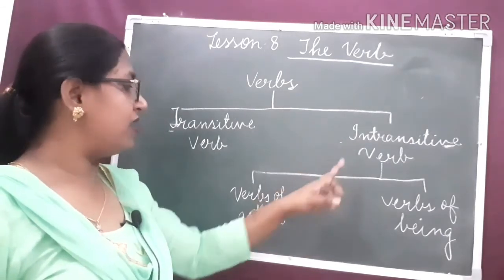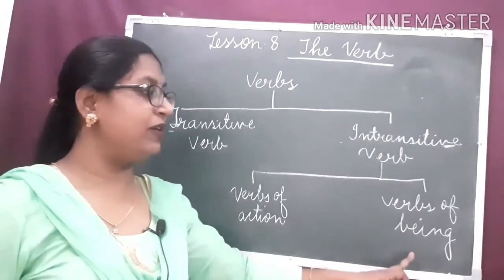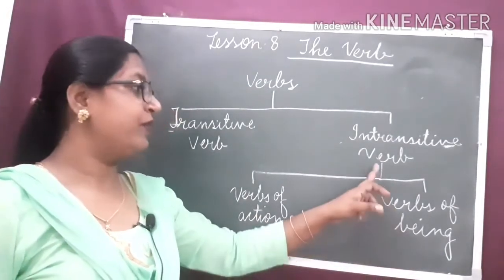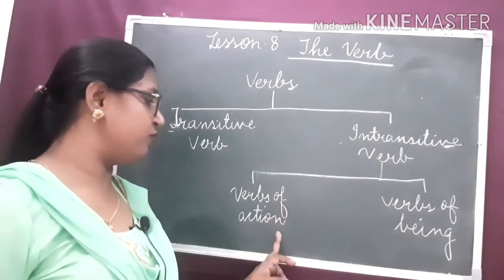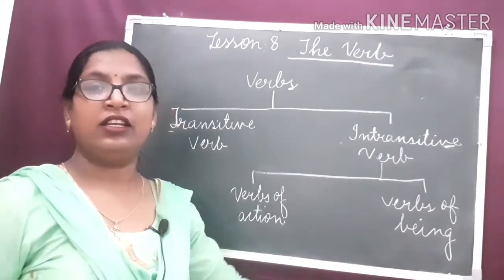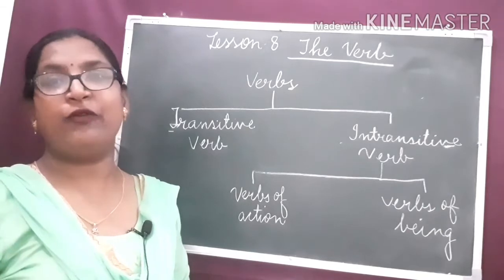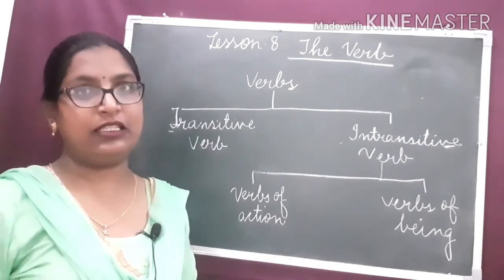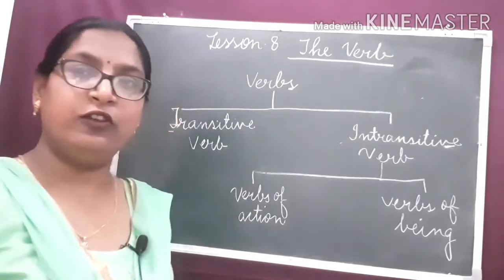And intransitive verbs can be the verbs of action or can be the verbs of being. Transitive verb is divided into two parts, that is verbs of action and verbs of being. Now, let us discuss these different types of verbs in detail. First of all, we will discuss transitive verb.